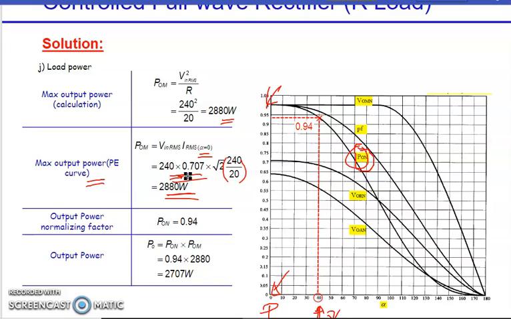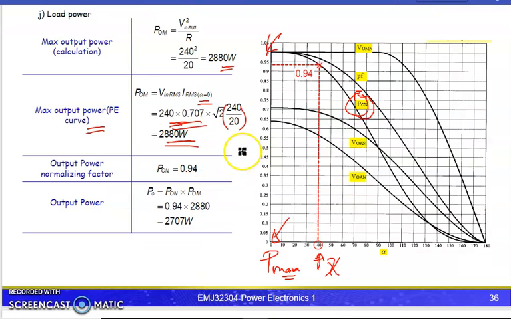Okay, this is from the P curve. Maybe we get a little bit higher, but still within the range. So this is the maximum output, the maximum the load can absorb. But at alpha equal to 40 degrees, the output at this point is 0.94 normalized.